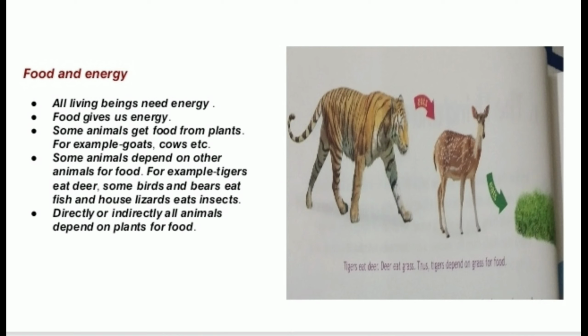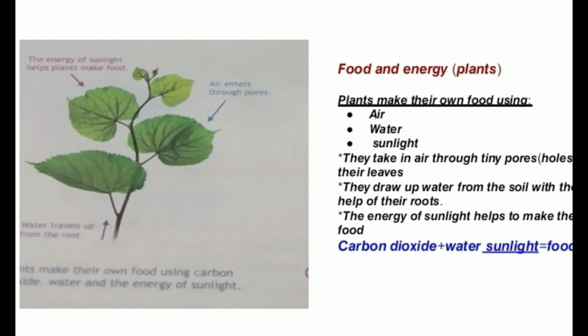That is because the animals that they eat get food from plants. Thus, we can say directly or indirectly all animals depend on plants for food. So we have learned that directly or indirectly all animals depend on plants for food.